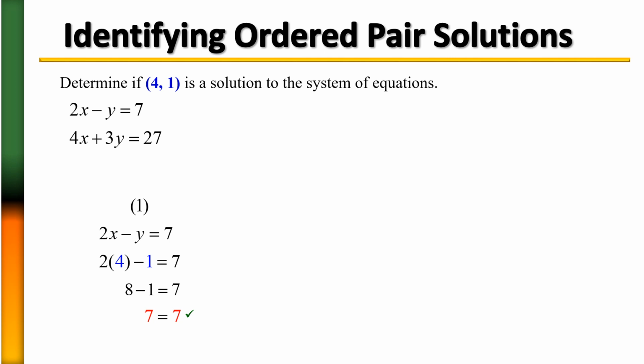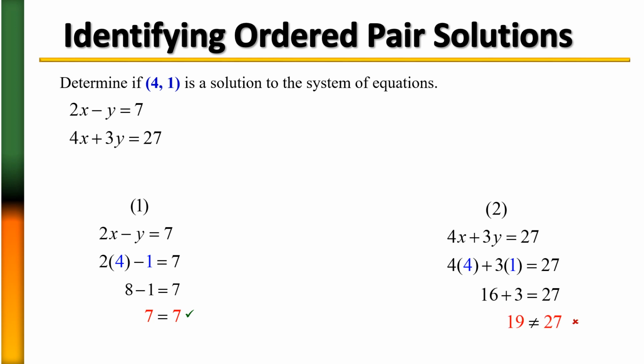Now, all we have to do at this point is to plug that ordered pair into the second equation and see if we have that same result of being true, that both sides are the same. So into the second equation, remove x and replace with 4, remove y and replace with 1. Let's do order of operations. 4 times 4 is 16. 3 times 1 is 3. 16 plus 3 is 19.